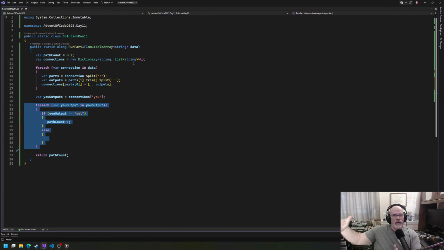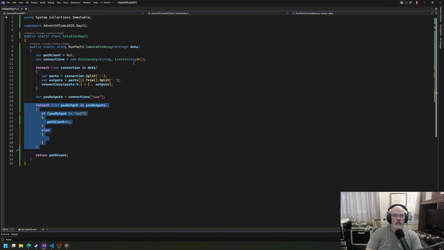And so we need to get the next set. We could have a local function that takes a reference to the connections and also a ref on the count.